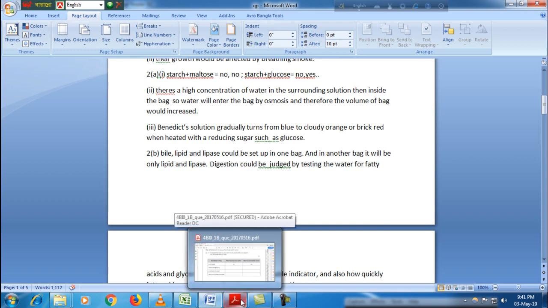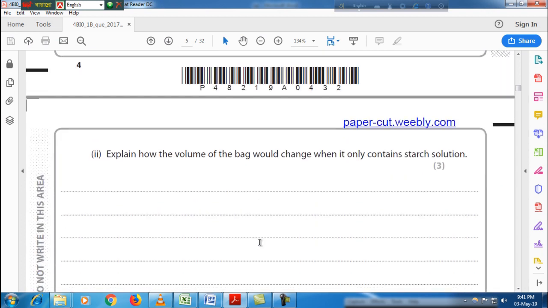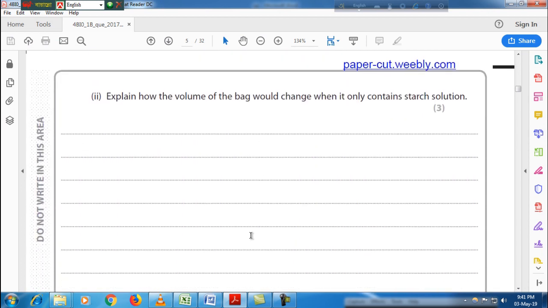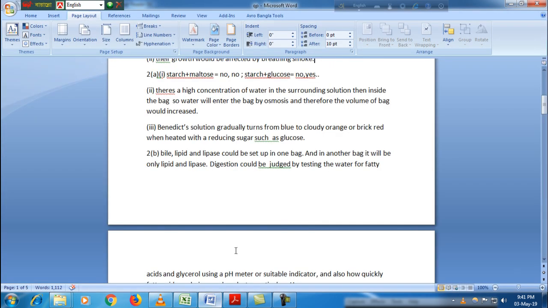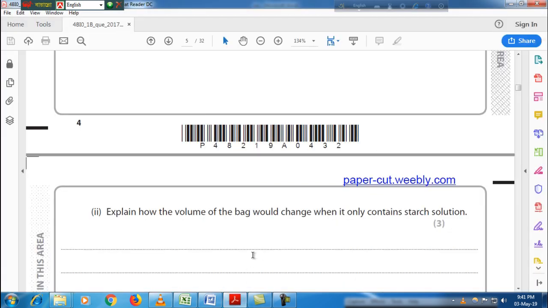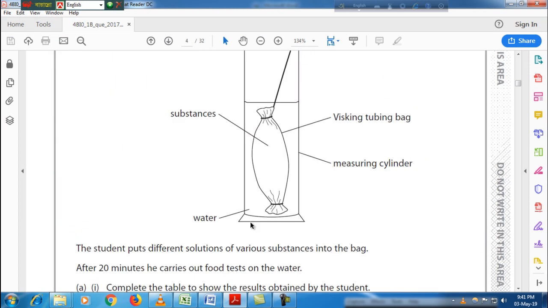So let's go to the next question. Explain how the volume of the bag would change when it only contains starch solution. What we are seeing over here is that they asked to explain how the volume of the bag would change when it only contains starch solution.